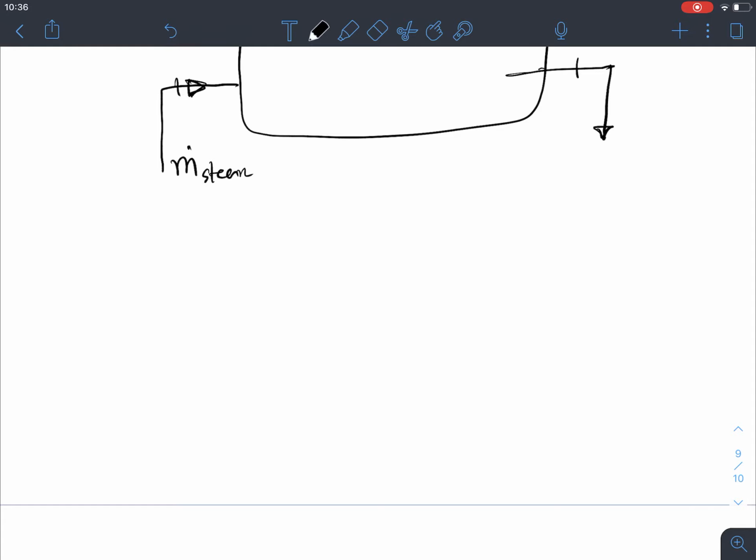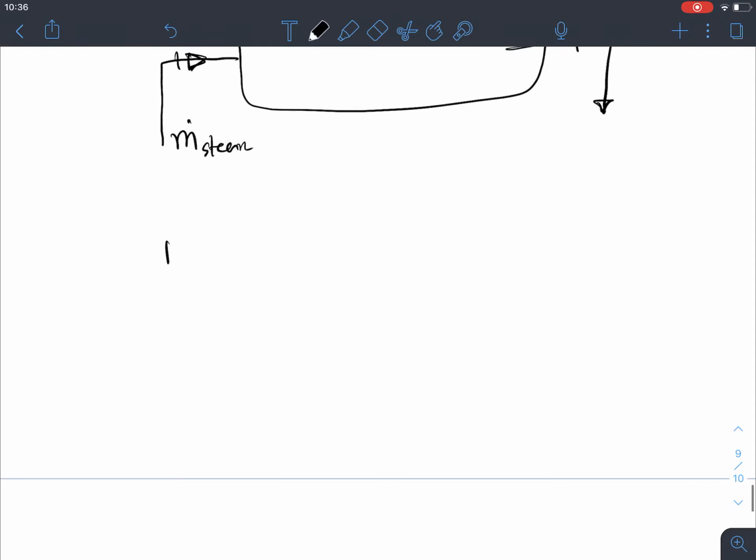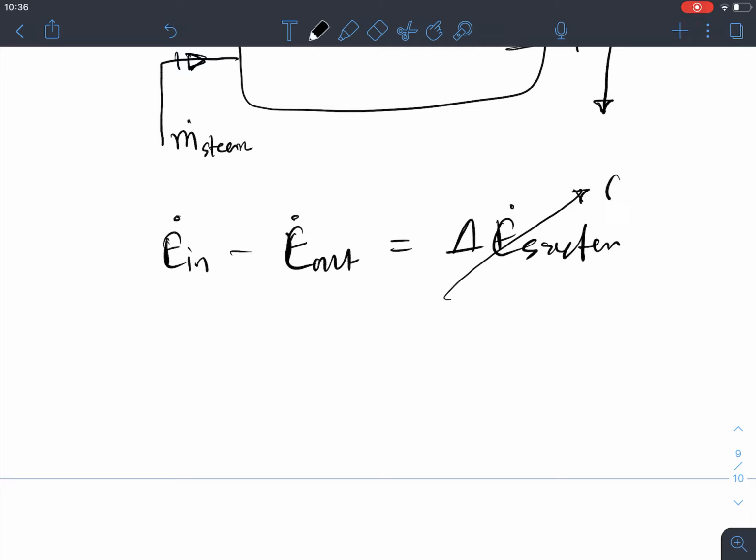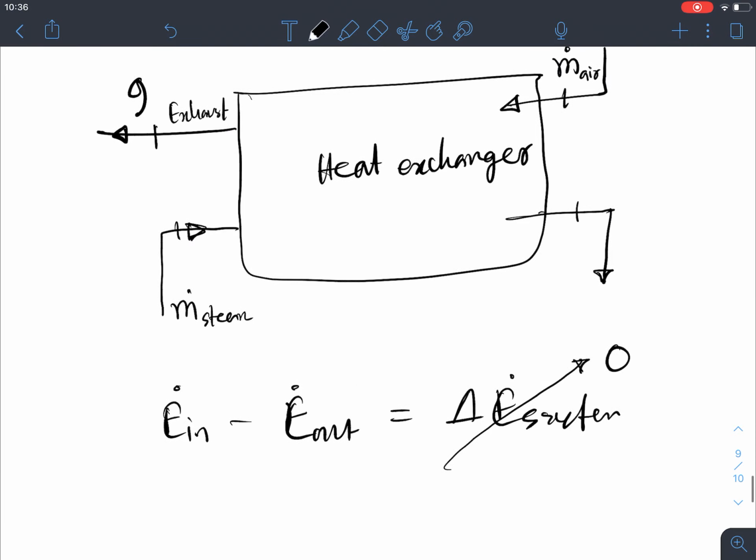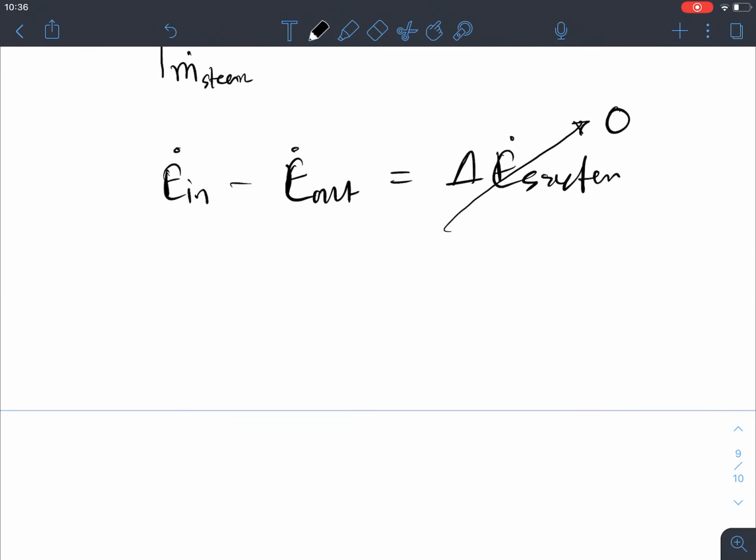Okay, so if we do the energy balance of this particular heat exchanger, then we will see that E in equals delta E of that system, which equals 0, because net input and output of this system are equal.